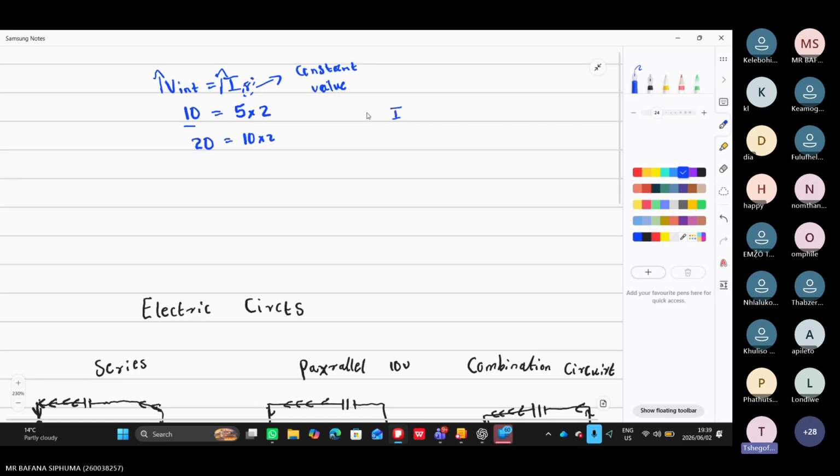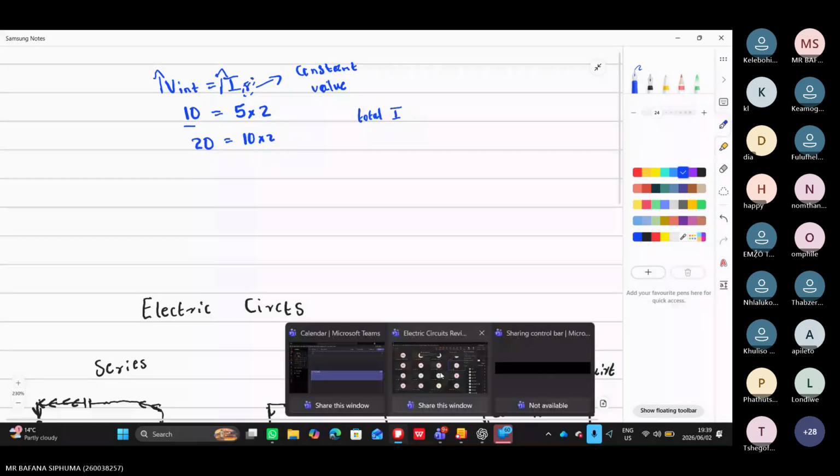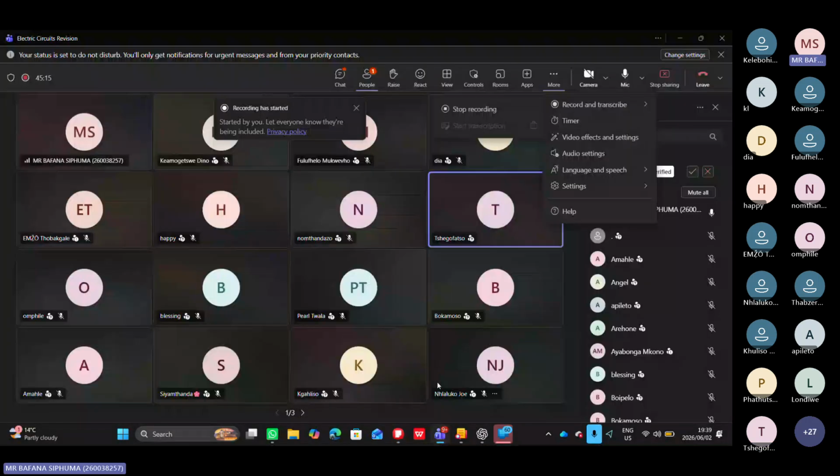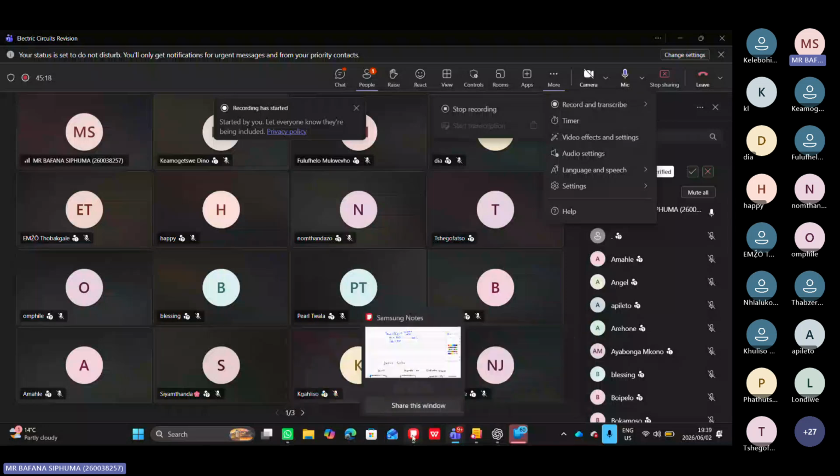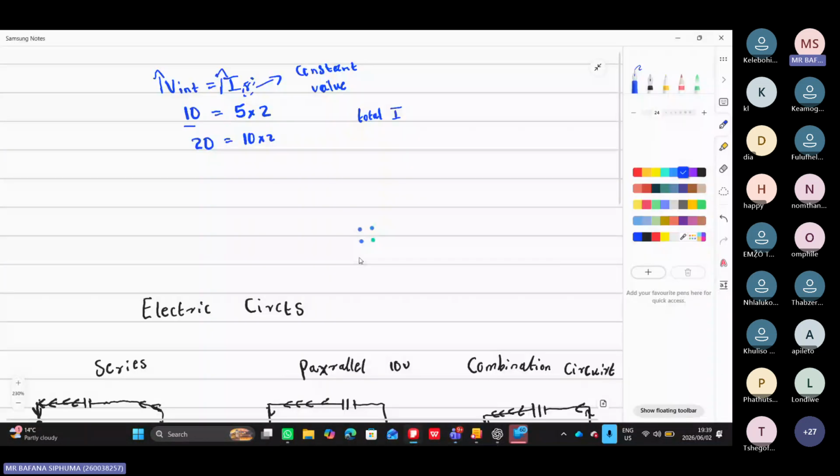Sir, what is the difference between V internal and V lost? There is actually no difference. It depends on how the teachers use the words. Some teachers will use V lost, V load.